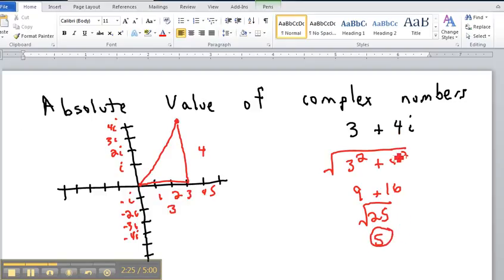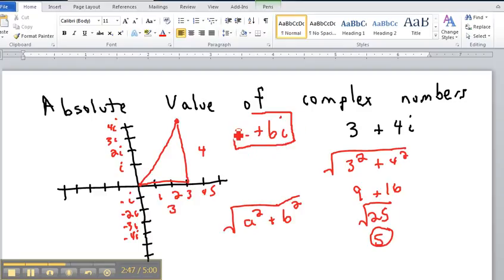That's it. So you can remember this formula, and I'll write the formula out here. Square root of a squared plus b squared, if it's in a plus bi form. And that's it for that particular one.